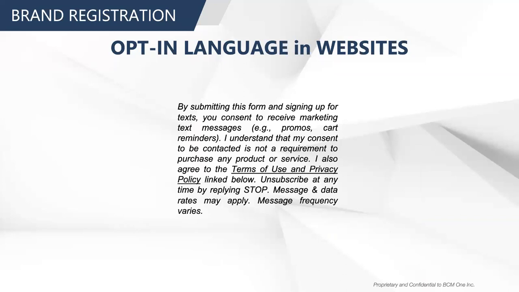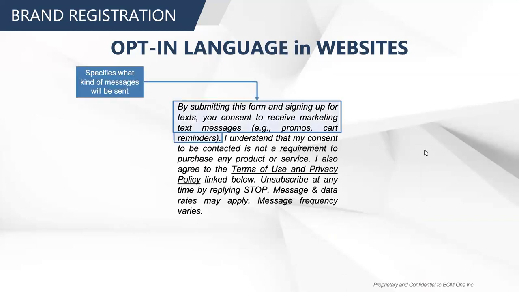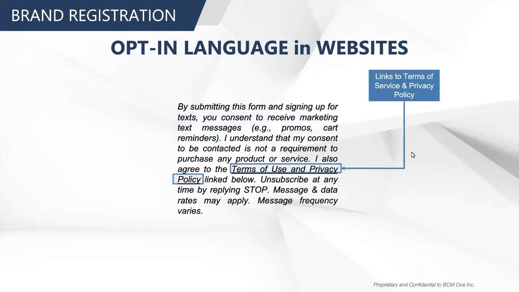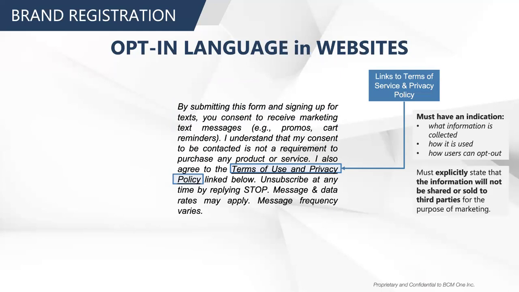It should have the following elements. First is it should specify what kind of messages will be sent. Then it should have a link to the company's terms and conditions and privacy policies that indicate what information is collected, how it is used, how users can opt out, and must explicitly state that the information will not be shared or sold to third parties for the purpose of marketing.